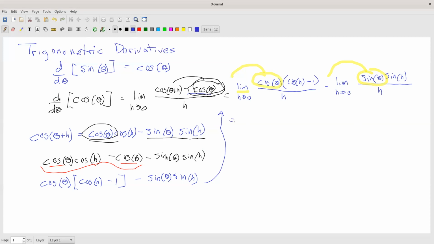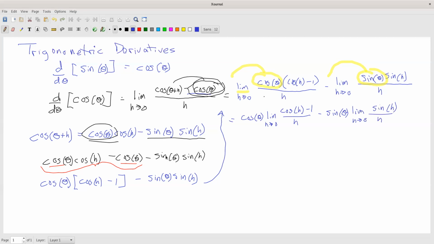So this is going to be the cosine of theta times the limit as h goes to 0 of the cosine of h minus 1 over h, minus the sine of theta times the limit as h goes to 0 of the sine of h over h.